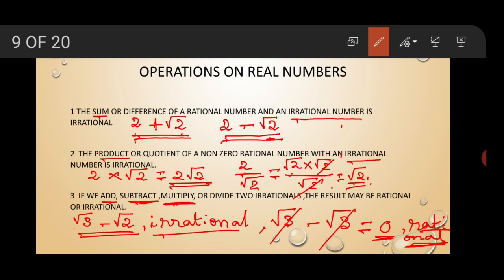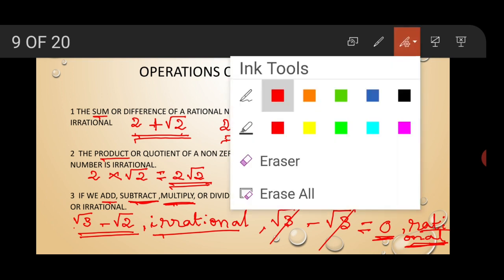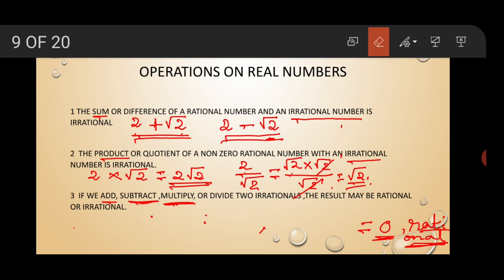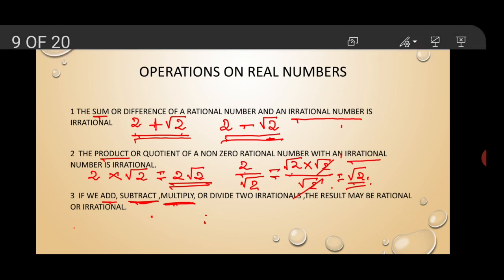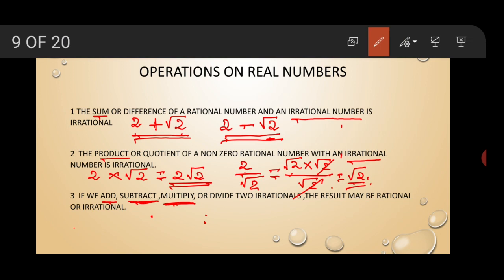Now let us see one more mathematical operation, that is multiplication. Take two irrational numbers and multiply them. Now we will get the product, and let us see whether it is rational or irrational. I will take two examples.